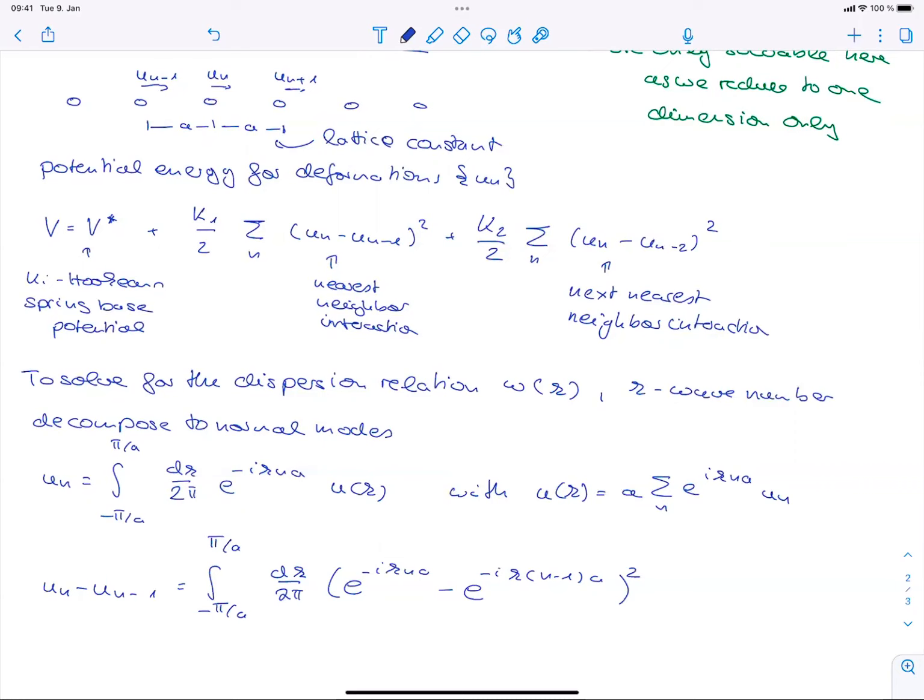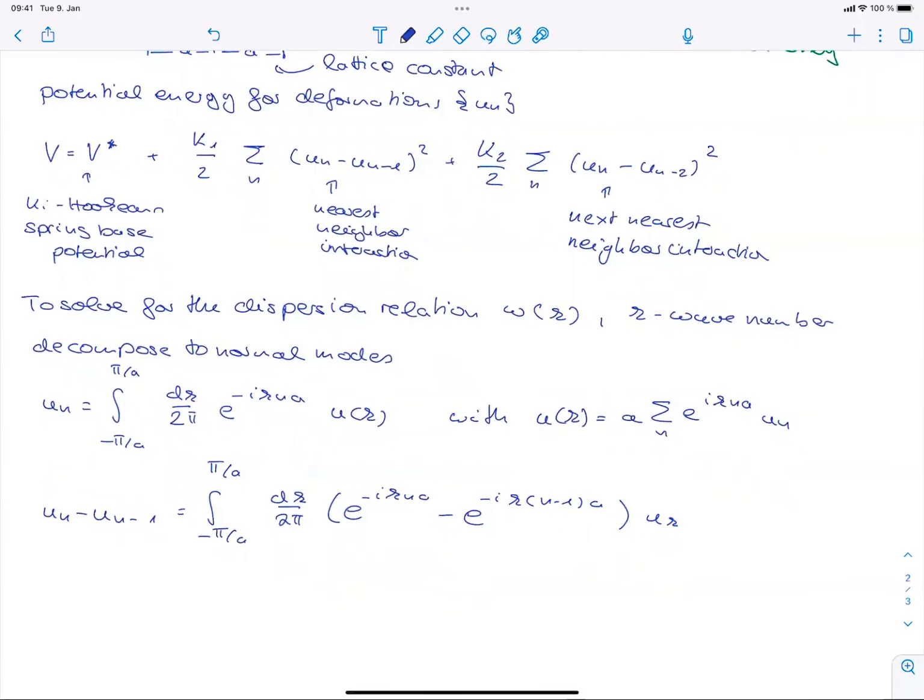Oh, sorry, no, I didn't square it yet. Sorry for that. I was just looking at the difference here. And then we have the u k. And this we can simplify by moving out the factor minus i k n a, that 1 minus plus i k a.